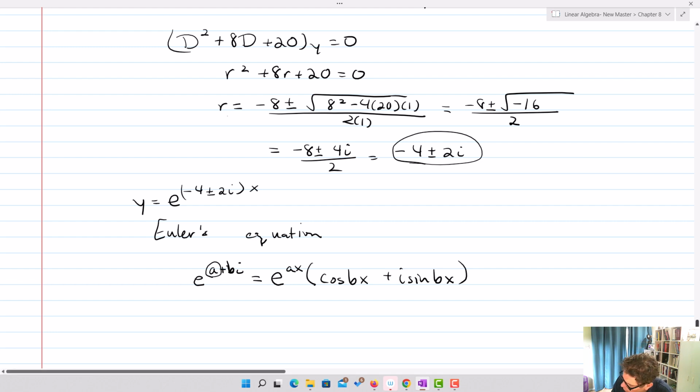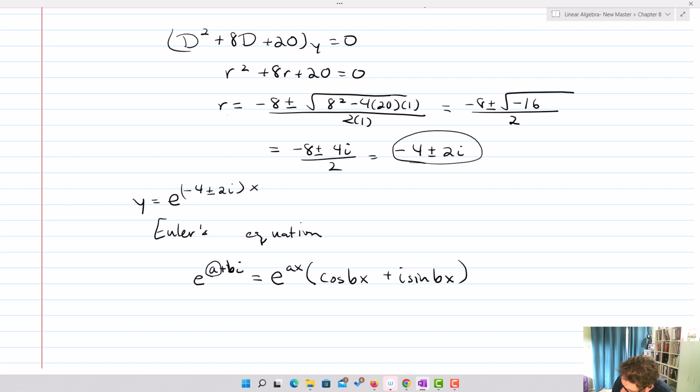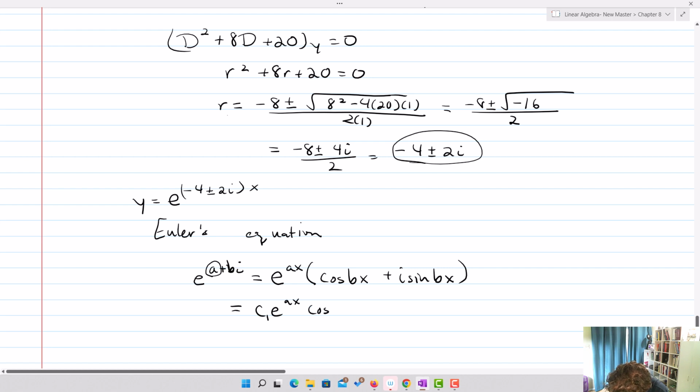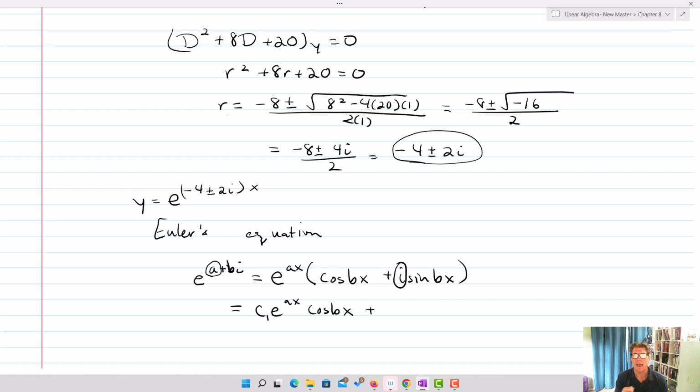And what we'll do then is we'll turn this into two solutions. It's going to end up being c1 e to the ax cosine bx plus, and we're going to drop off the i. And the reason why we can drop off the i is because if you remember, any linear combination of these solutions is also going to be a solution.